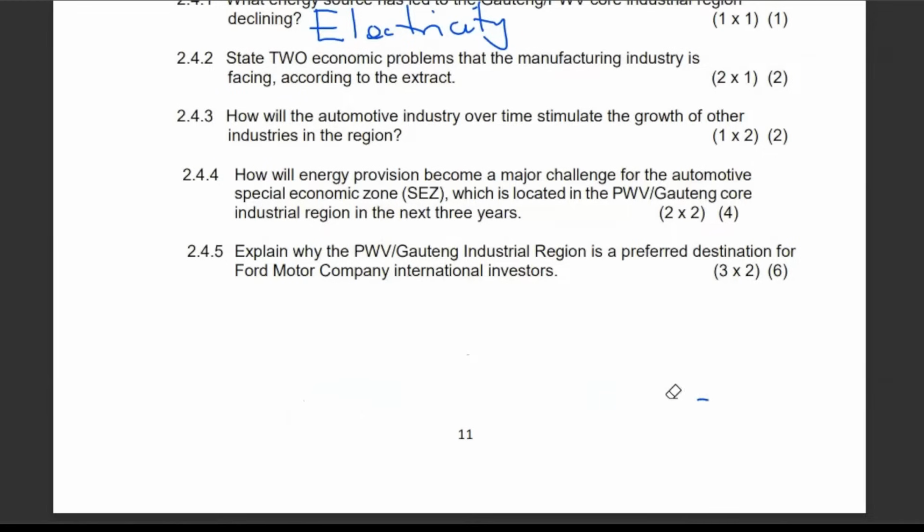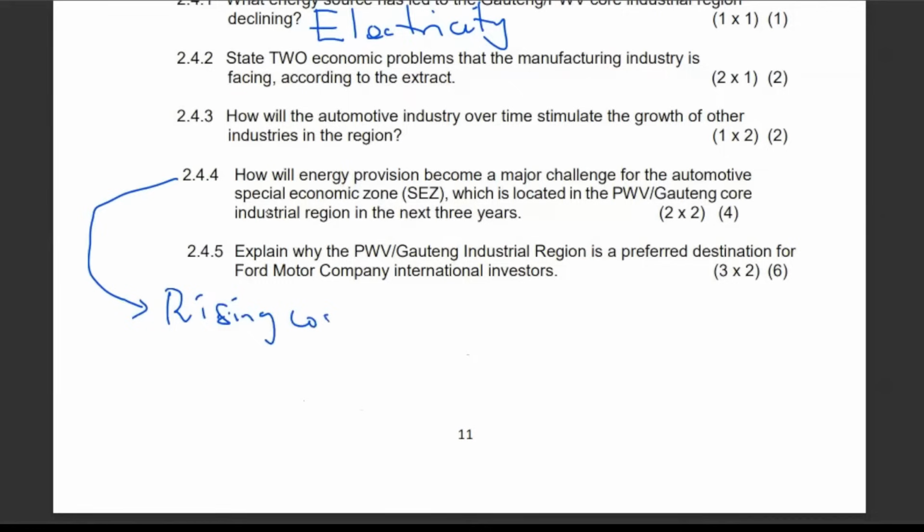How is it going to be a major challenge? This issue of electricity is going to be a major challenge. How? It is going to cause rising energy costs. We are having an energy crisis and automatically the cost is going to rise.